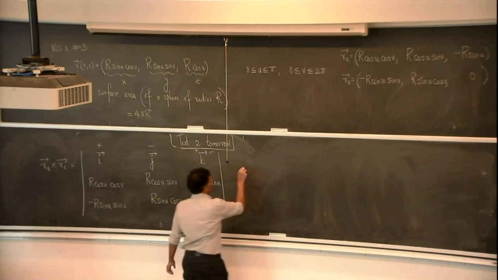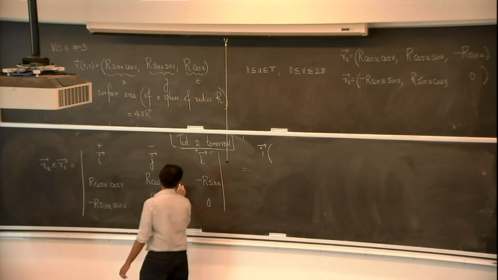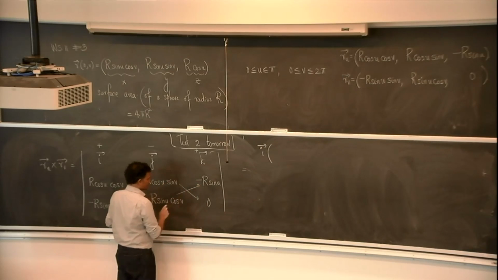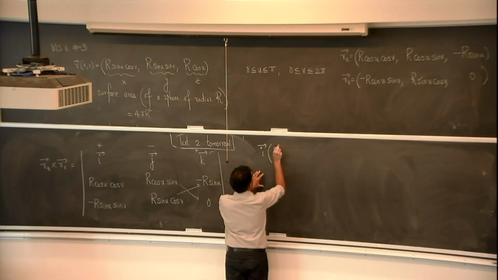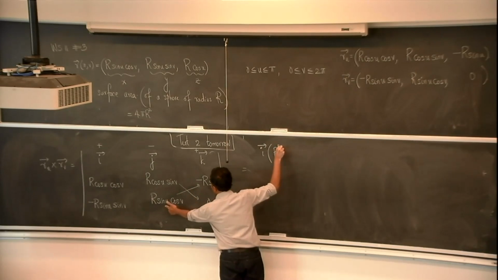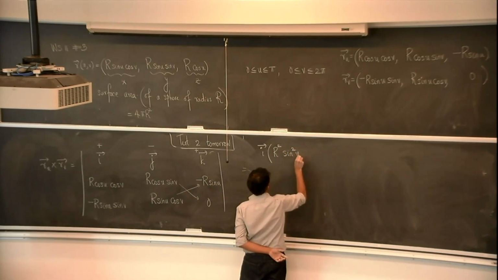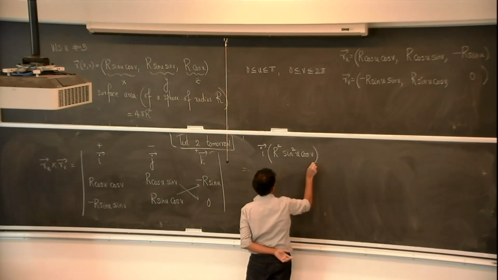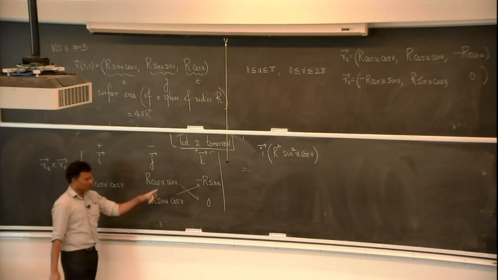It's going to be i times 0 minus negative r square. That's going to be positive r square sine square u cosine v. That's 0 minus that.